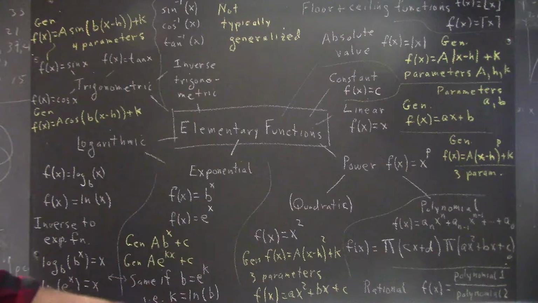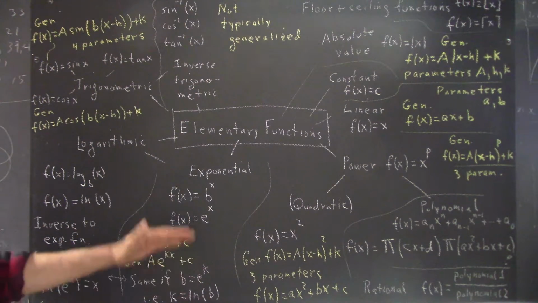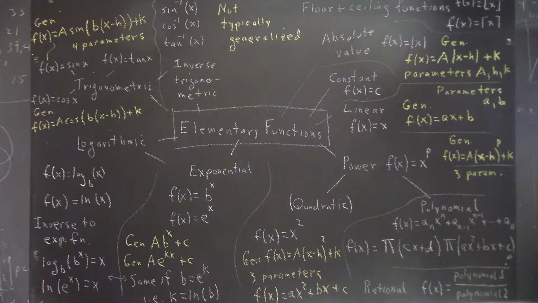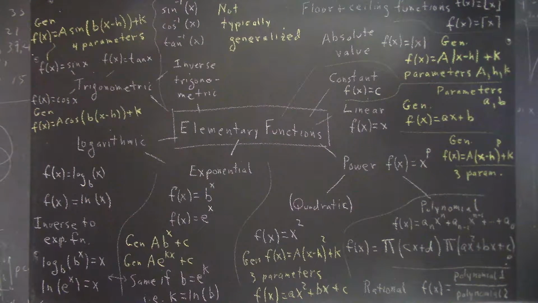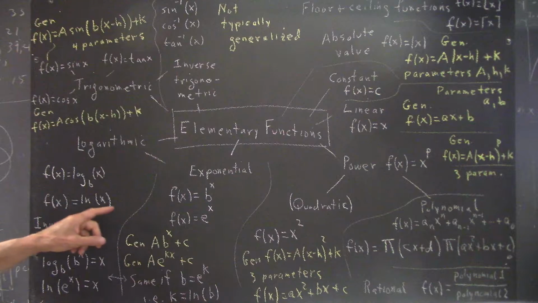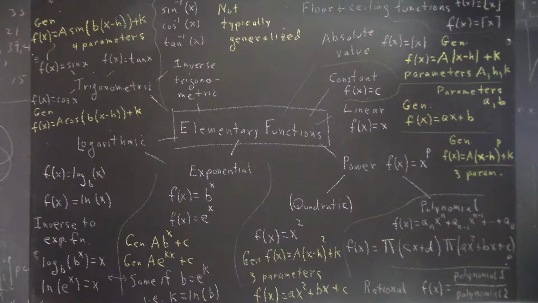Now, if you don't know about natural logs and exponential functions, you won't understand what I just said. But let's move on to the idea of a logarithmic function. The logarithmic functions are inverse to the exponential functions. So your basic logarithmic functions are going to be log to the base b of x, and the natural log, ln of x.